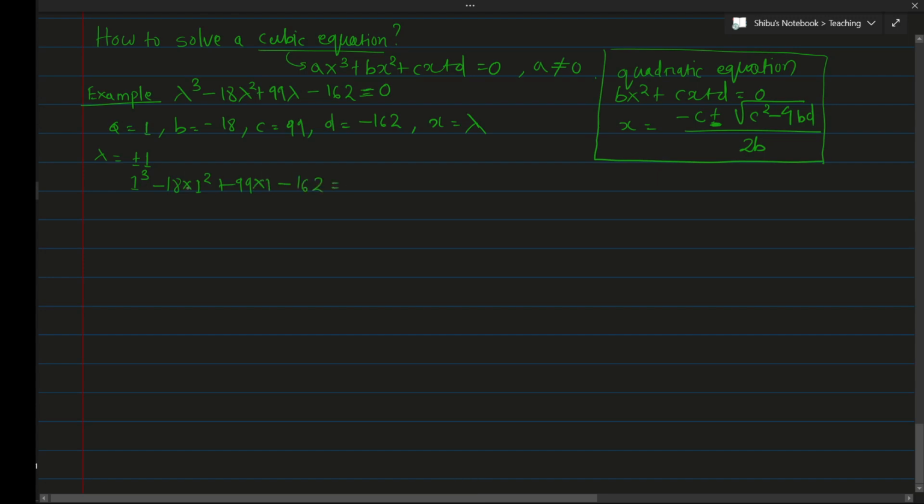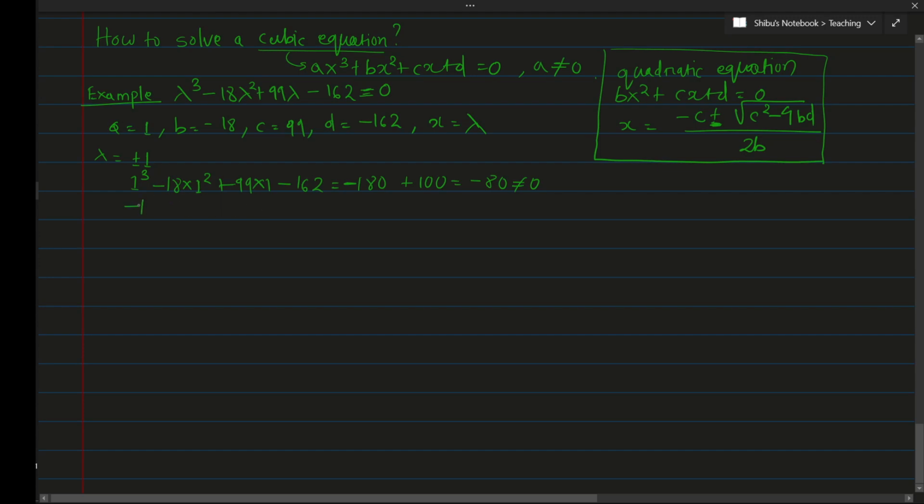The minus terms are 18 and 162, so minus 180, and the plus terms are 100, so it will be minus 80, so not equal to 0. So 1 is not a root of this equation.